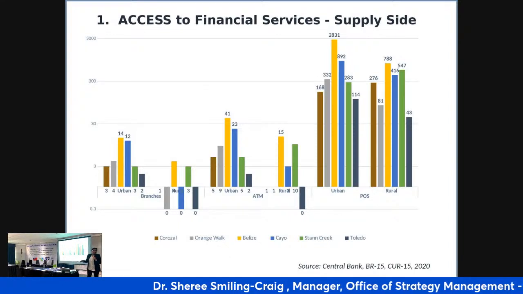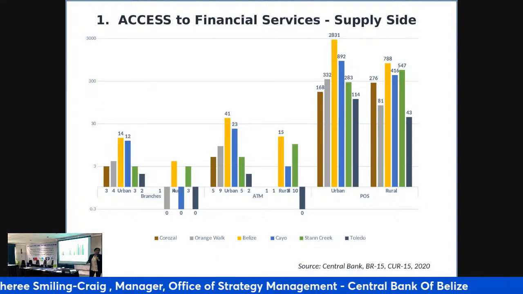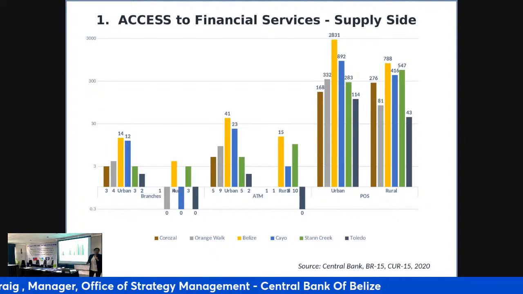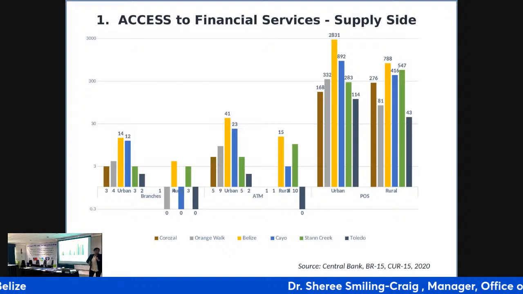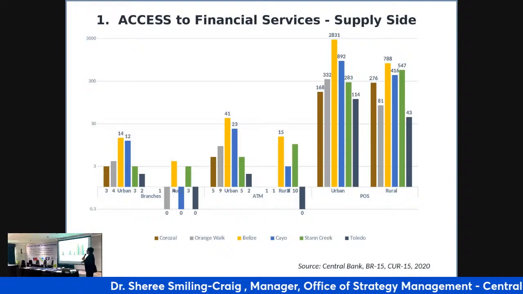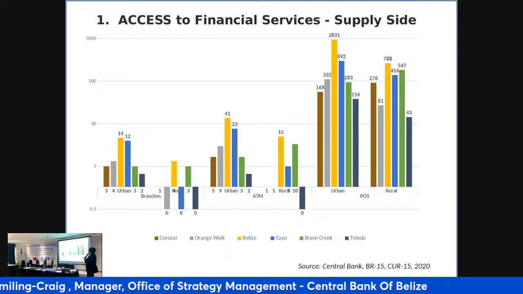And we understand, because it's very resource intensive to have brick and mortar branches in rural communities. Banks pay a hefty sum, and credit unions pay a hefty sum to maintain these institutions or branches. So we could understand why that is so. Now, ATMs, you see we're doing quite well in the urban areas.